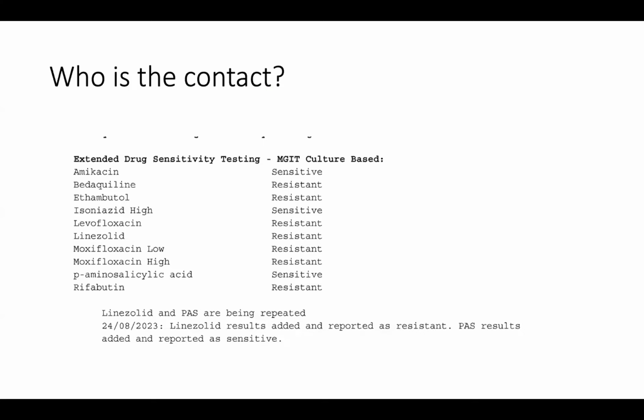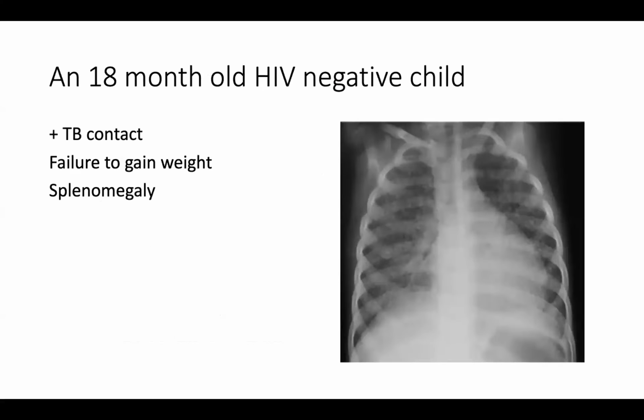And also ask broadly about exposure. Sometimes the contact isn't in the house, but it's a neighbor that visits regularly. And Juaneta nicely highlighted the amount of exposure that we consider to be contact. Okay. Here's a child who's HIV uninfected, has a TB contact, failure to thrive, splenomegaly.